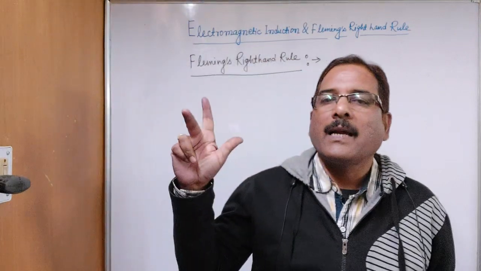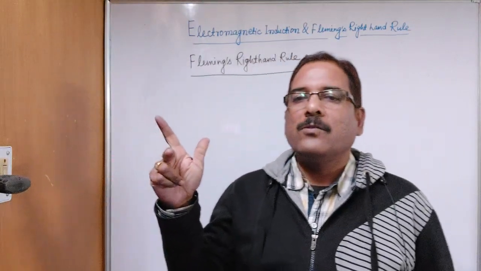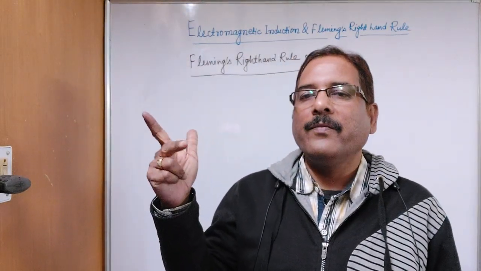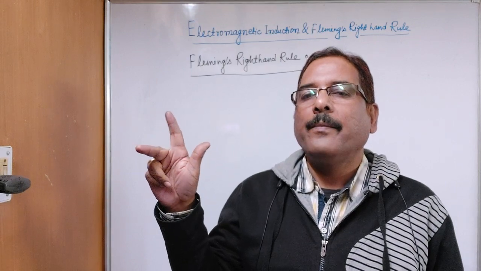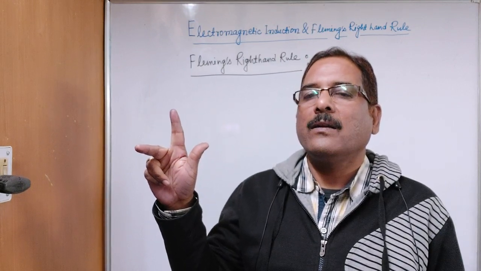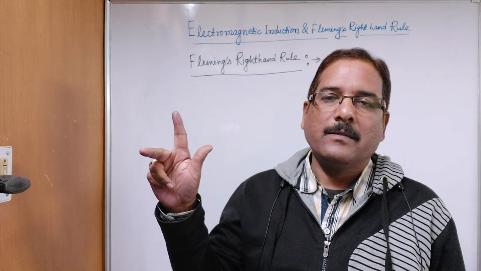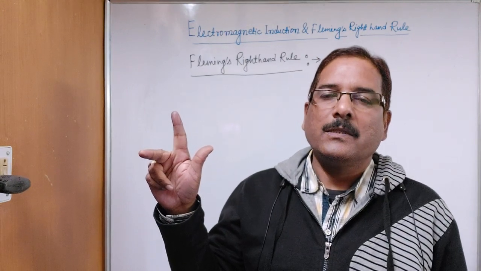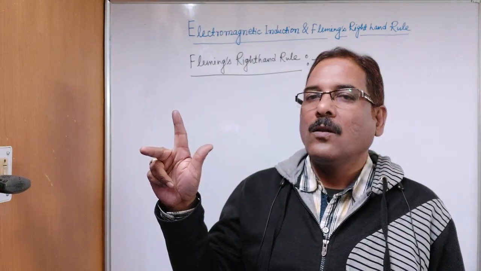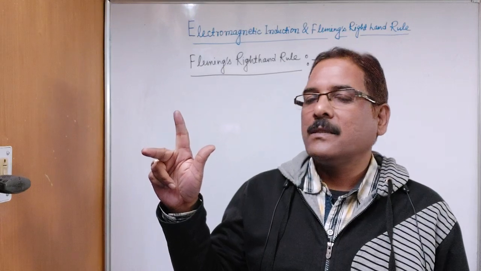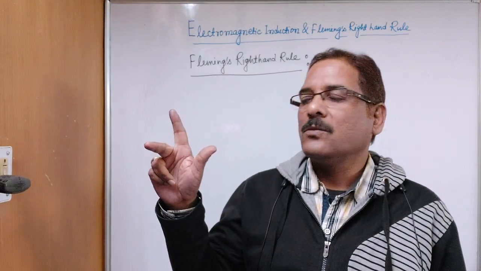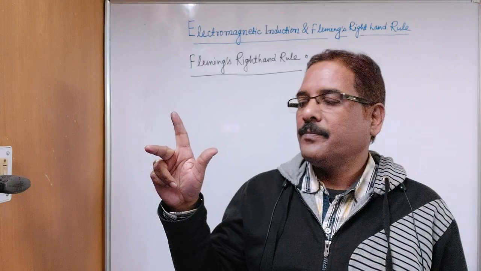Now in Fleming's right hand rule, you have to stretch your middle finger, thumb and forefinger of the right hand. So it is important to note that you will stretch the three fingers of your right hand.